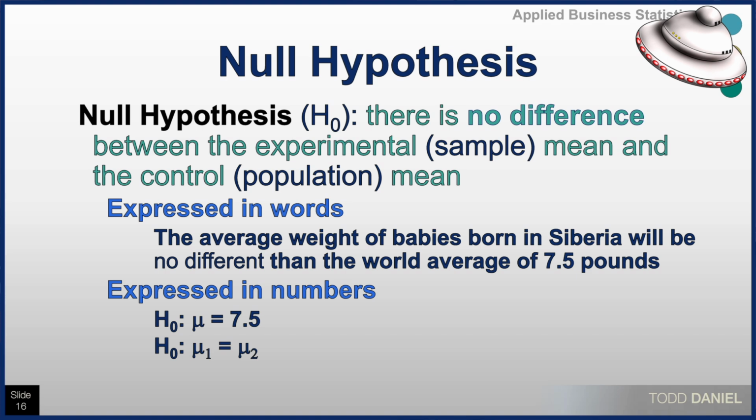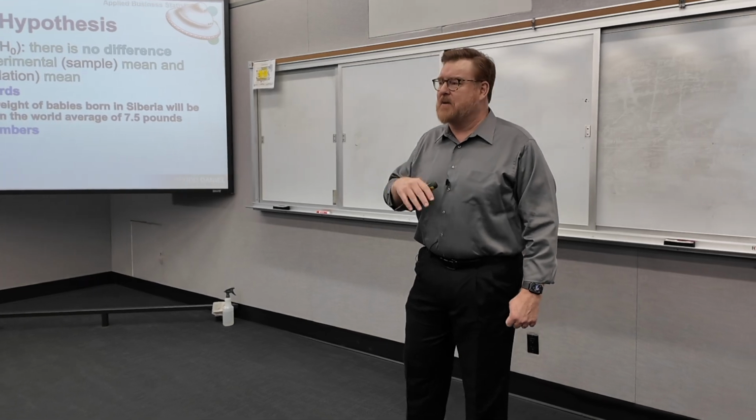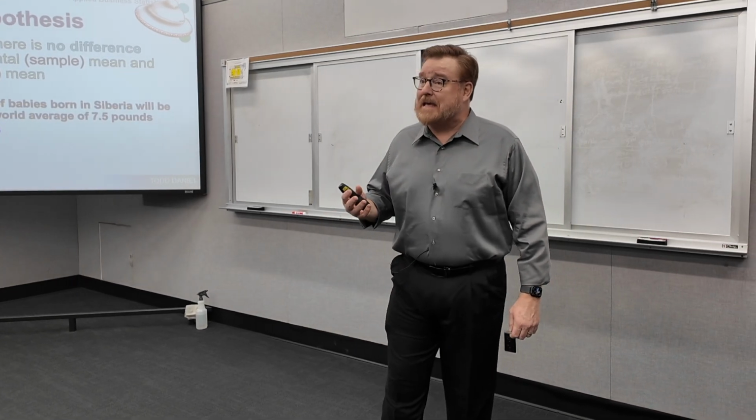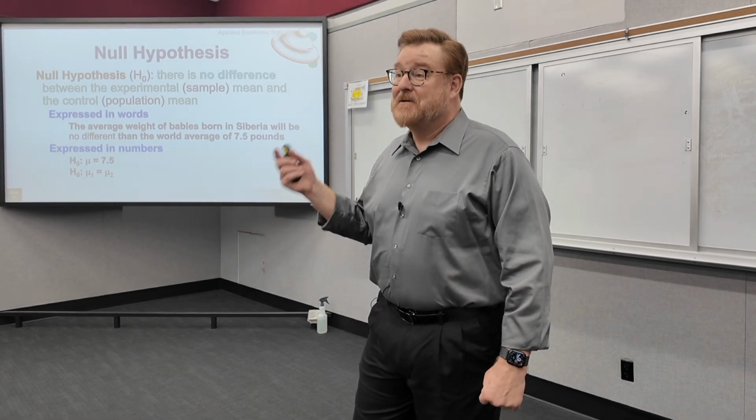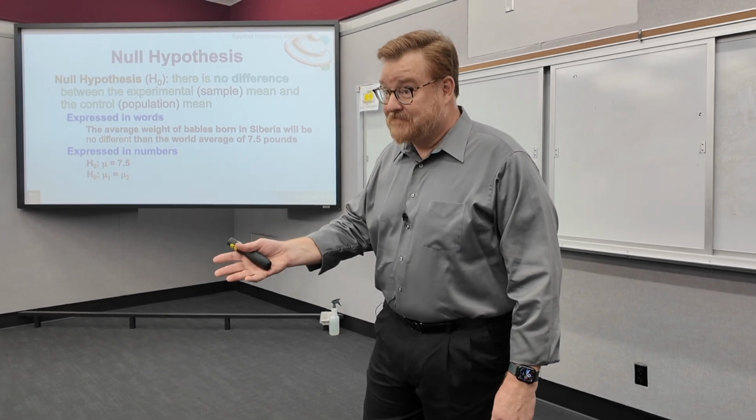H sub 0, the no difference null hypothesis, followed by colon. So the null hypothesis would be H sub 0 colon mu equals 7.5. You remember mu is a population mean. So what we're saying is this sample is drawn from a population that has a mean of 7.5.